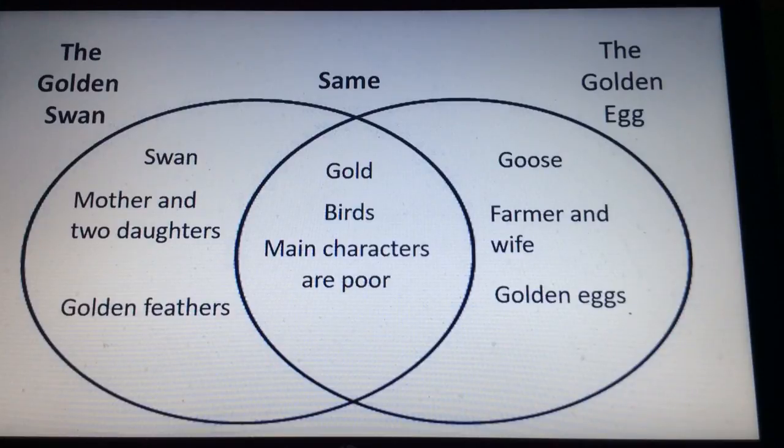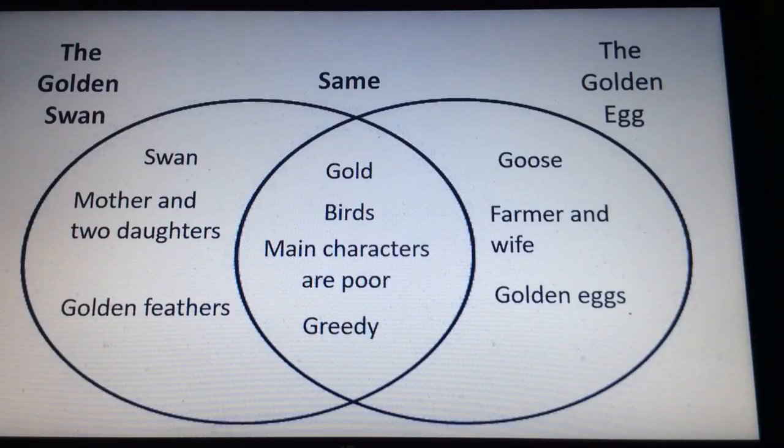And they got so much gold. The mother and 2 daughters and the farmer and wife had so much gold that the mother and the farmer in the other story, they both wanted more and more and more. They really wanted to be rich. They wanted more than they really needed. What's a word that describes that? Yes, the word is greedy, and we've talked about that word.